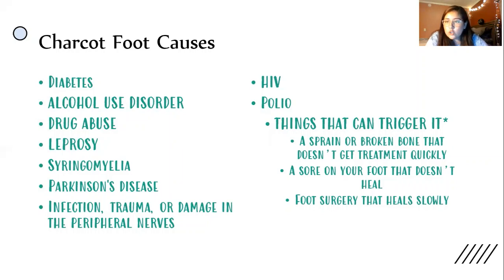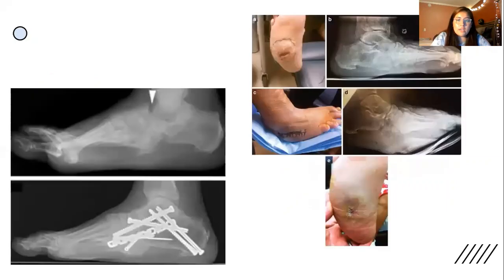And it's crazy because you'd only think that it's just a spinal cord injury or a peripheral nerve injury, but there are also other causes in addition. And lastly, we have some more pictures that show ankle fusion, stabilizing and prohibiting motion, and we also see the flattening of the foot.